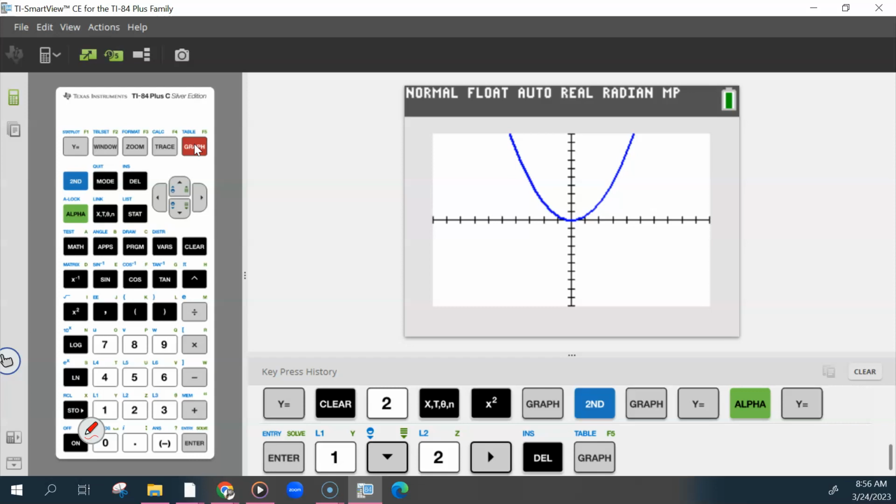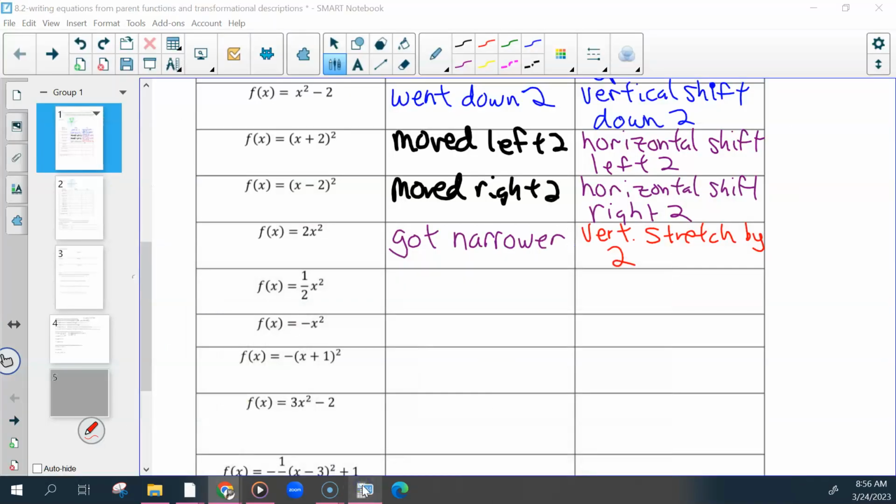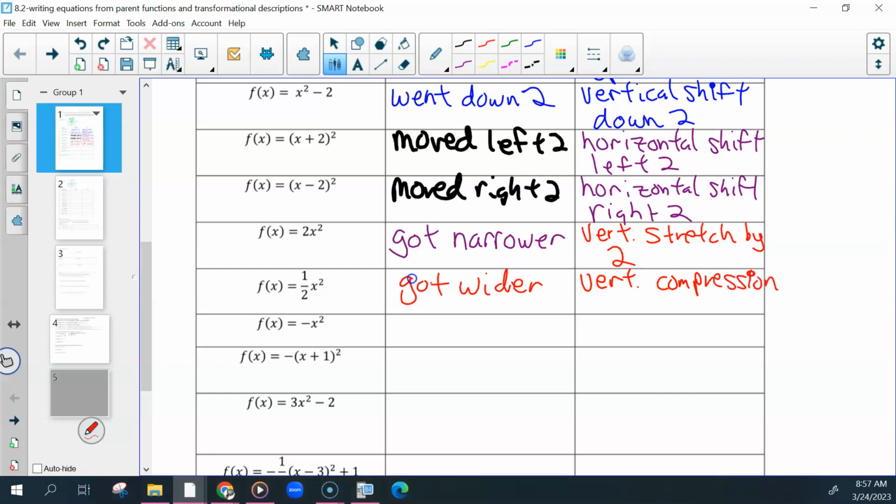What does it look like happened? It got wider. So it's shrinking away from the y-axis. So that would be a vertical compression. Vertical compression by 1/2 or vertical compression by a factor of 1/2.